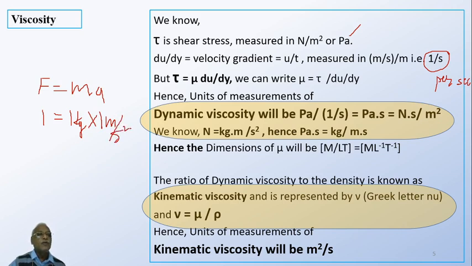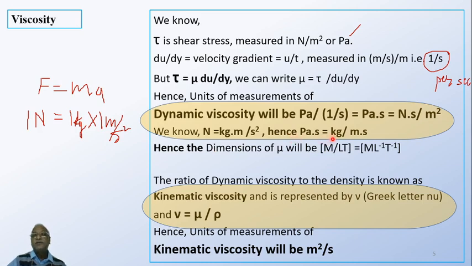So we can always substitute Newton equal to kg meter per second squared. One can remember this: 1 Newton force is sufficient to develop an acceleration of 1 meter per second squared on a body of mass 1 kg. Because of that, Newton is equal to kg meter per second squared.